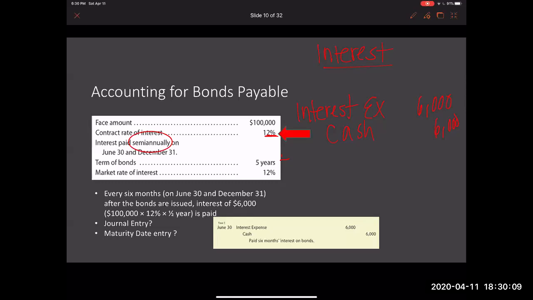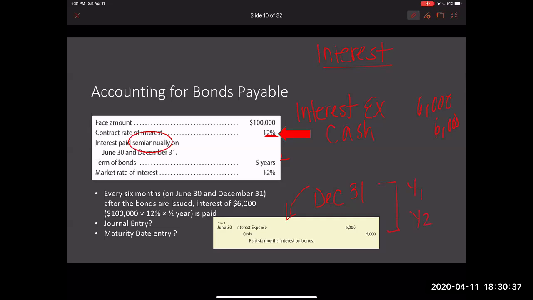All right, before I move on, this journal entry will look the same twice a year, every year for the next 5 years. On June 30th, we're going to have this journal entry, and then on December 31st, we're also going to have the same entry, and that represents year number 1.